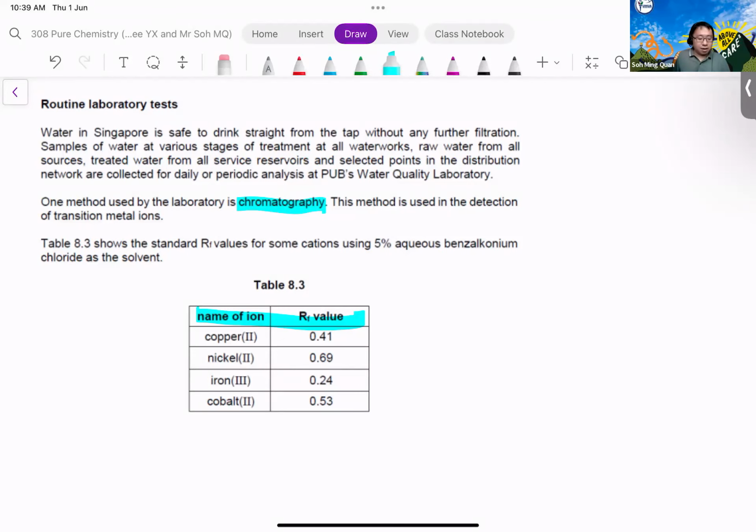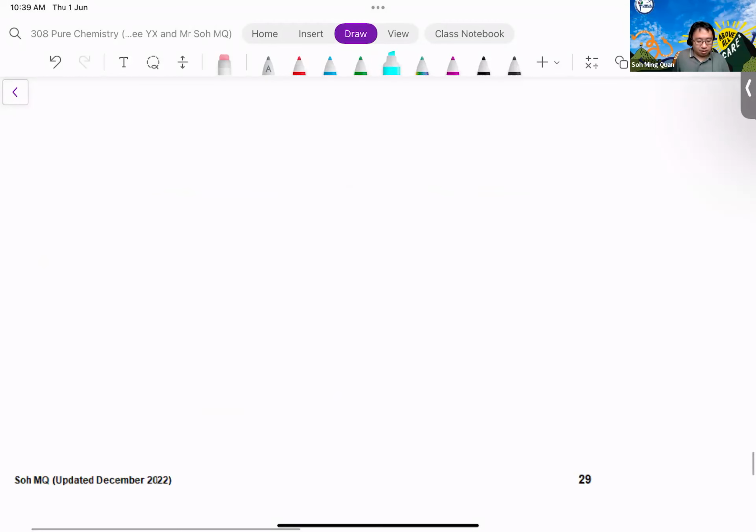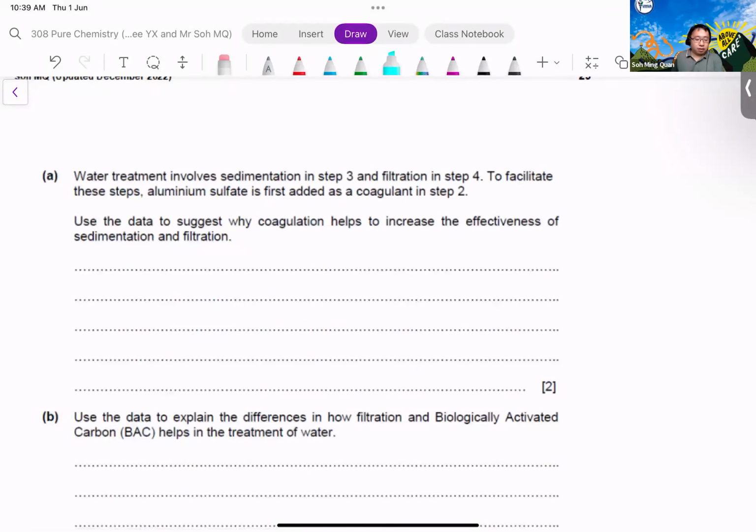Okay. Now moving on. Part A. Water treatment involves sedimentation and filtration, but to facilitate this, you must first use aluminum sulfate as a coagulant. Use the data to suggest why coagulation helps to increase the effectiveness of sedimentation and filtration. So your answer obviously comes from where? The data they are suggesting is not numbers, you know. Where do you see words like coagulation, sedimentation, filtration?